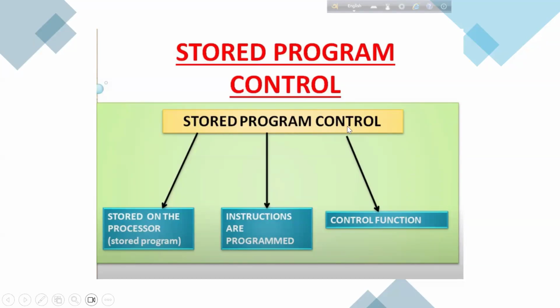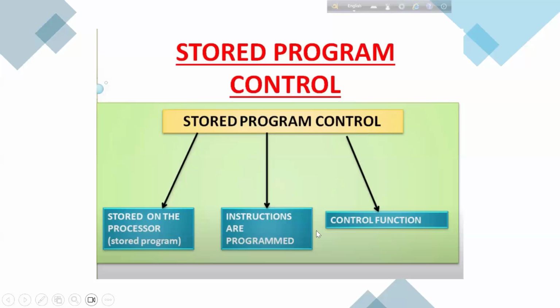Now in stored program control, we have data or a stored program on the processor. So there will be a memory and there will be a processor. On the memory, there will be a program saved, and there will be instructions that are programmed, and there will be control functions. All these are the elements of stored program control.